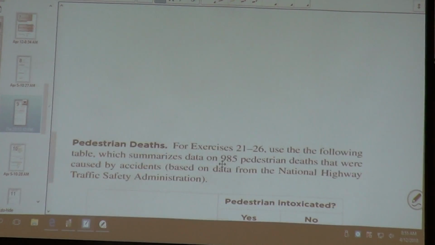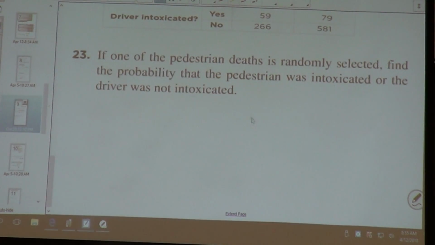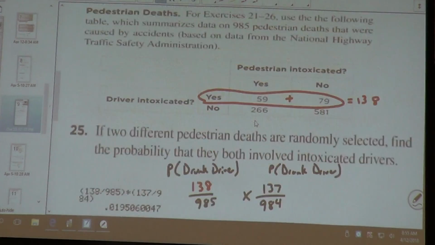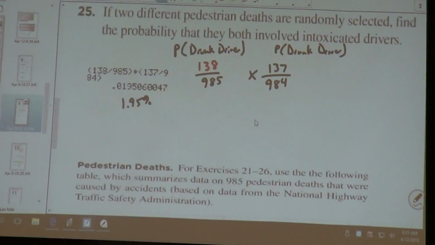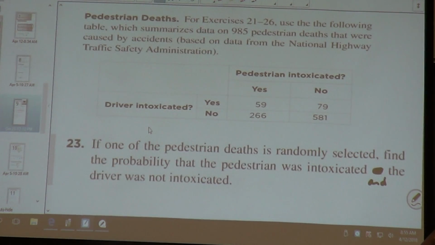All right, let's look at another one. Let me see what I had up here. Let's change this to the word and. Same chart.